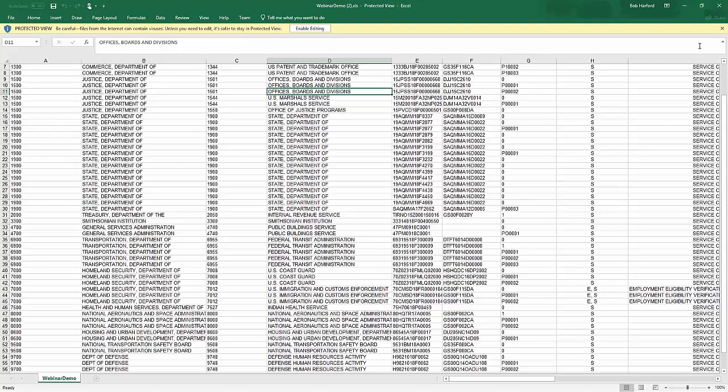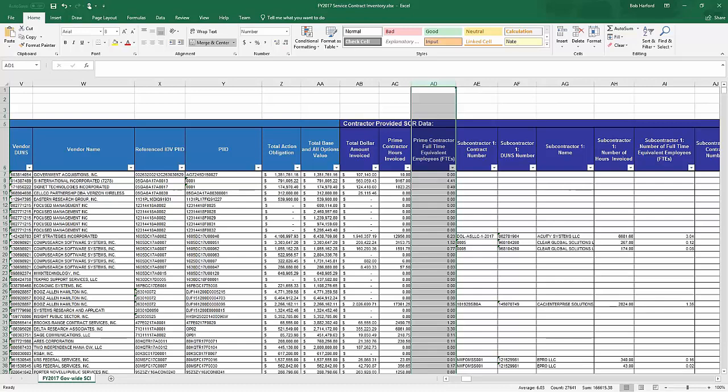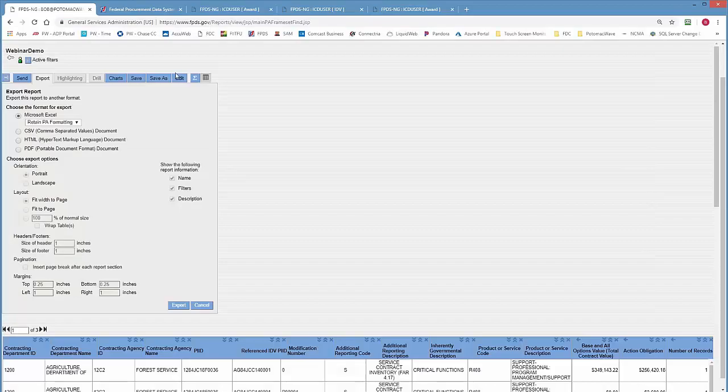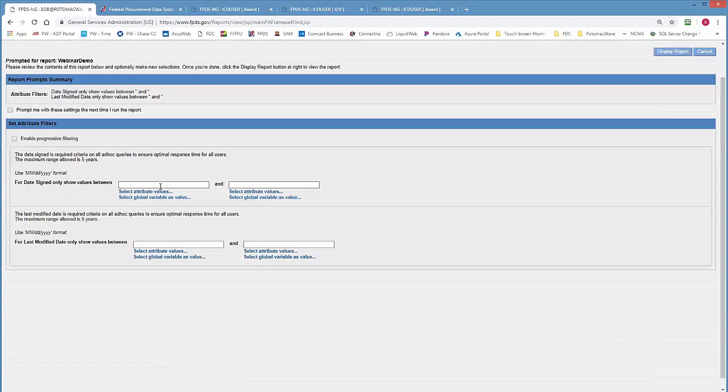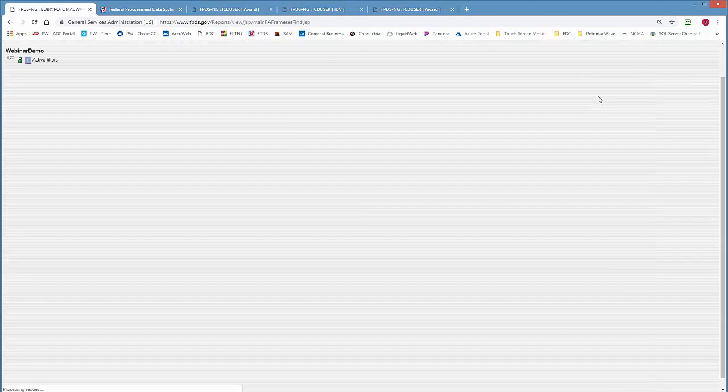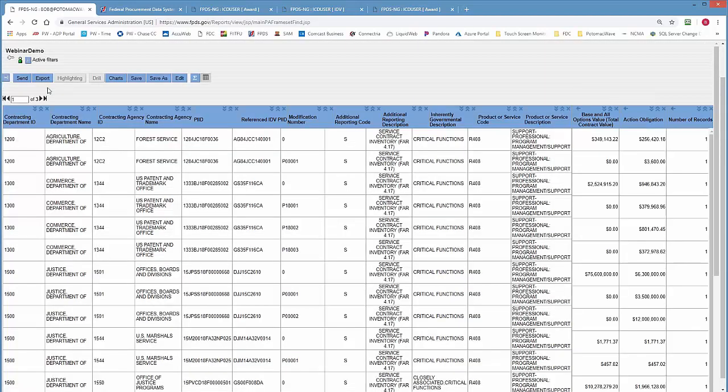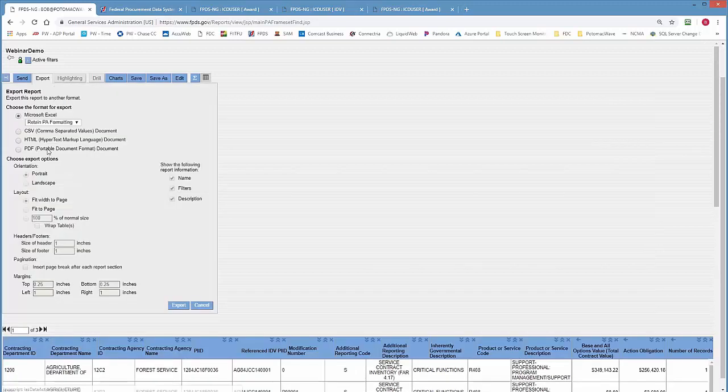Let's back it up one. Edit, execute. We'll go back to this. So I'm looking for SCI reporting. Yeah, it could be they didn't mark SCI when they should have.